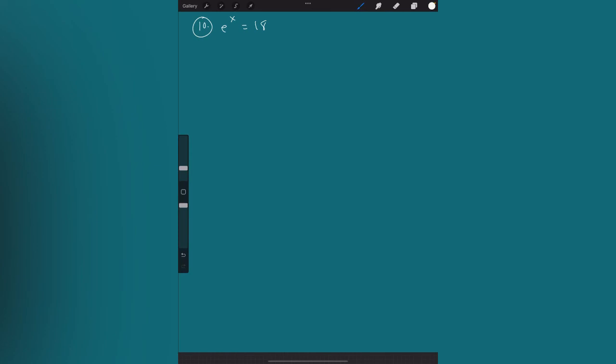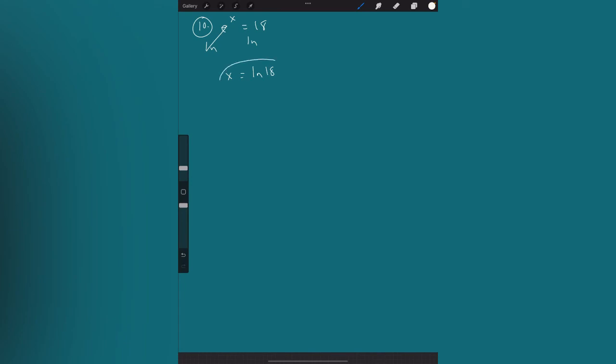In the same way as in the last few problems, when I had ln of x equals 2, I wrote an e down there and solved it. I can get rid of that e and get x by itself by writing ln on both sides, because these cancel out, and I get x equals ln of 18.